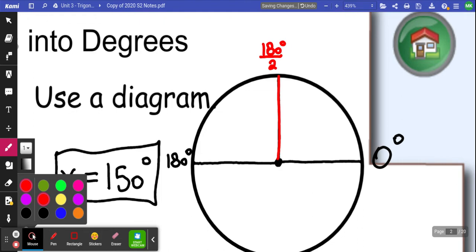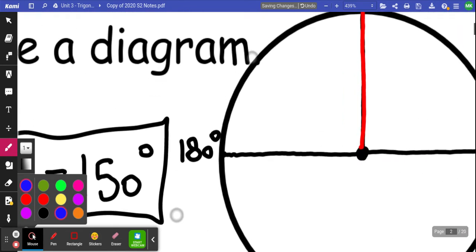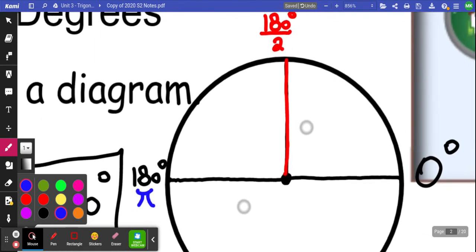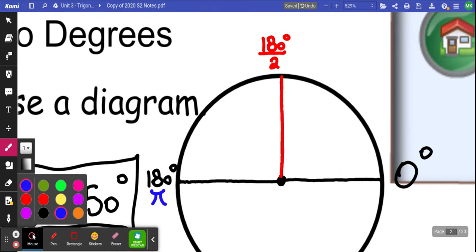Awesome. What does 180 look like if we're talking about radians? 180 is 1 pi. So then what do you think 90 degrees is in radians? It's half a pi. Right?